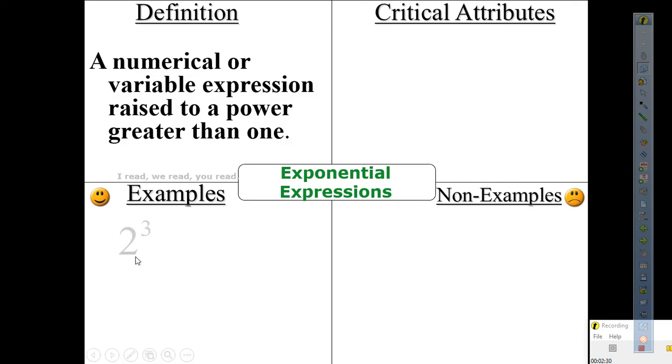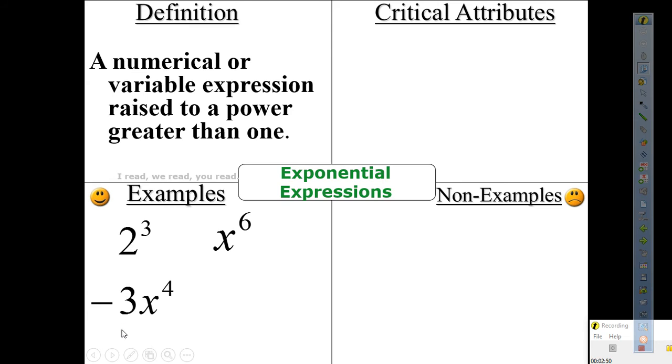Look at this first one. They're only using numbers, therefore this is a what? Numerical expression. Raised to a power greater than 1? Yes. Look at this one. They're using a variable, so what kind of expression is this? A variable expression raised to a power greater than 1. This one has a combination of numbers and variables.